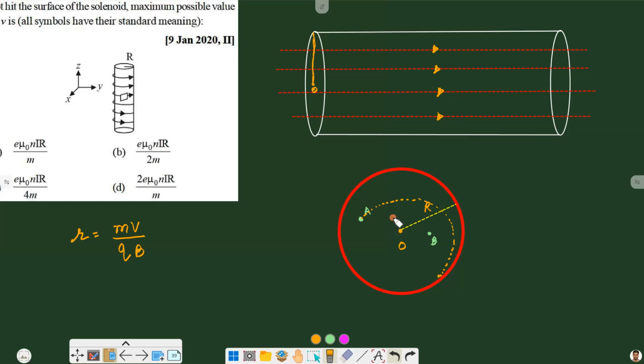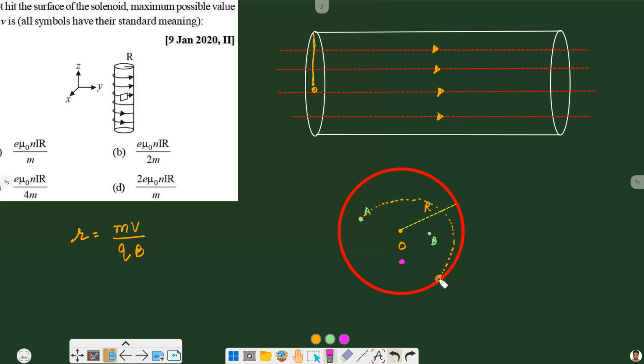And whenever a particle enters the magnetic field, that entry point, suppose a charged particle enters at point A, starts working as a point on its circumference. So if it enters at point A, there will be some center, suppose this is its center. Then if it starts rotating around this center, it will finally hit the solenoid surface.